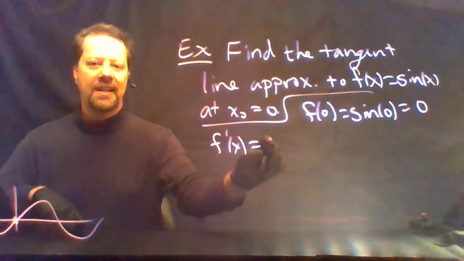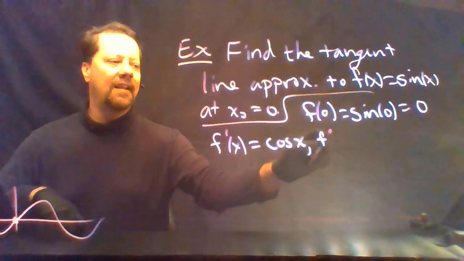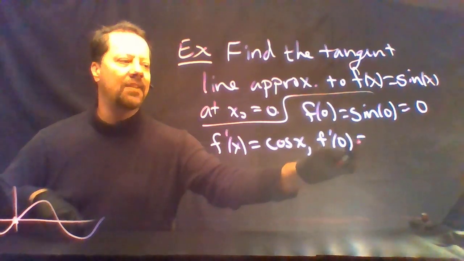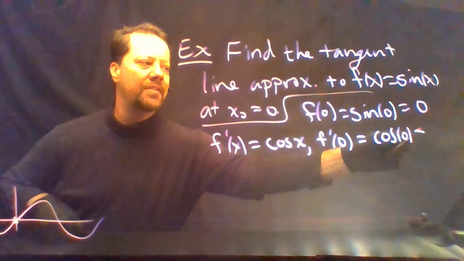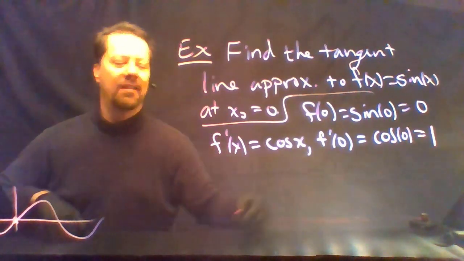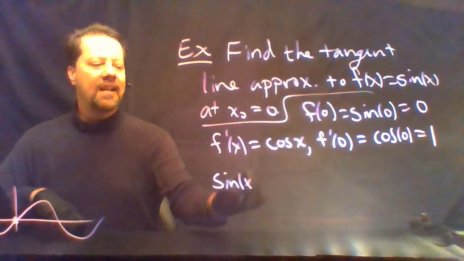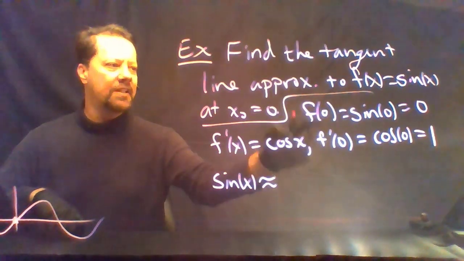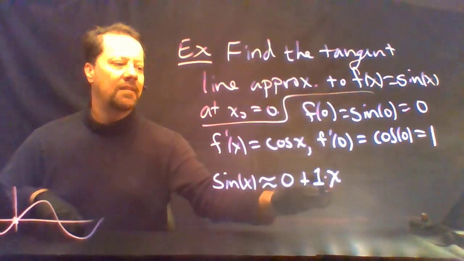The derivative of sine is cosine, and the derivative evaluated at 0 is cosine of 0, which is 1. It follows then that sine of x is approximately 0 plus 1 times x.